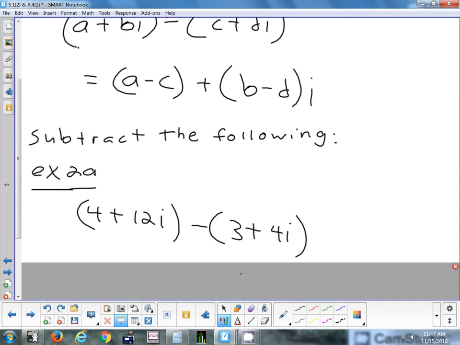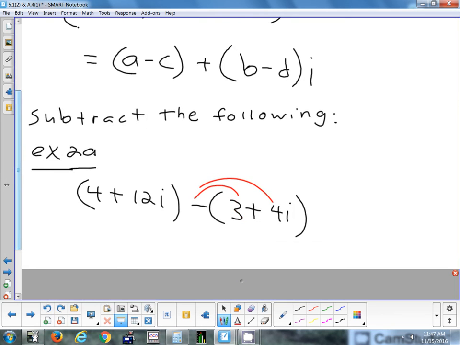Okay, so we've got 4 plus 12i minus 3 plus 4i. So the first thing I usually do, just so I remember, subtract the 3 and subtract the 4i. Okay, so Skylar, what will I get for a real part when I subtract here? 1. Yeah, 4 minus 3. 1.